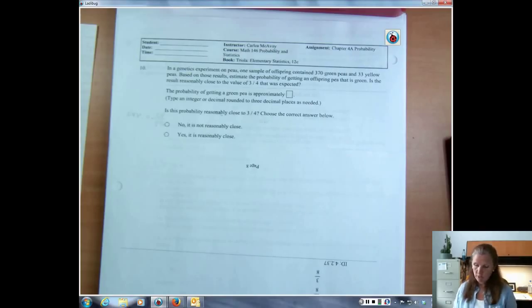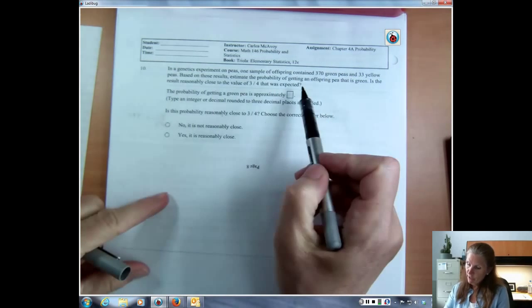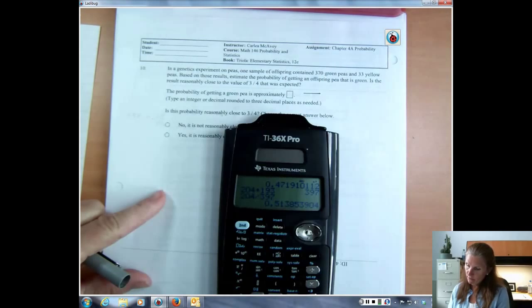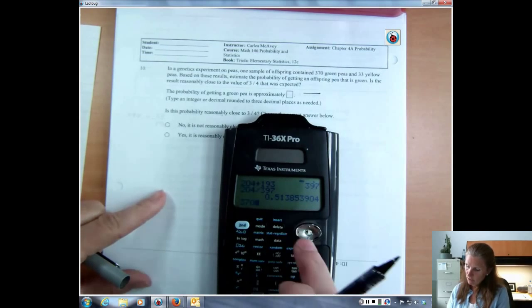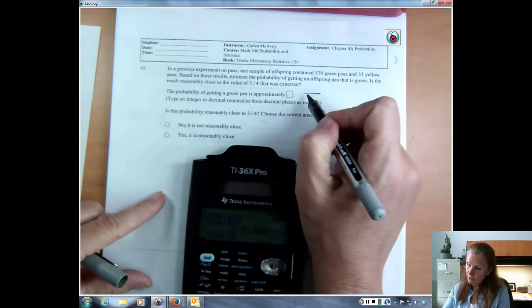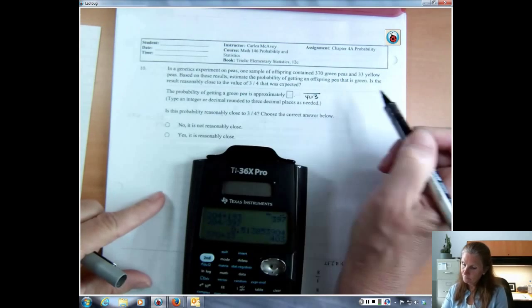That's what we should see if it's actually close. So we need to figure out how many peas there were altogether, which means we take 370 green and add the 33, and that gives us our sample space of 403.